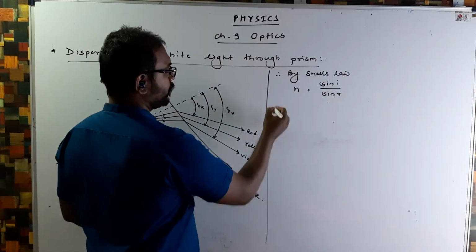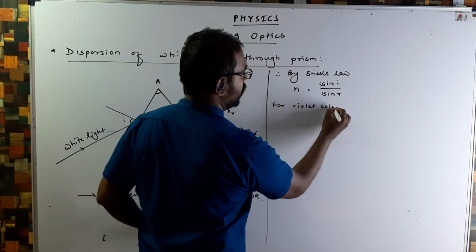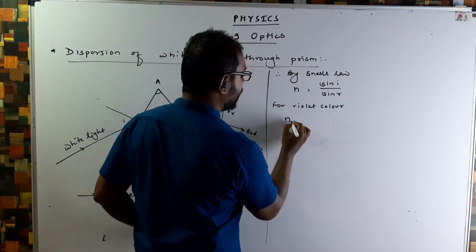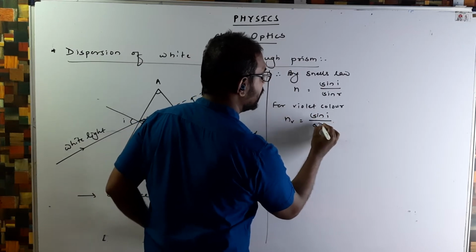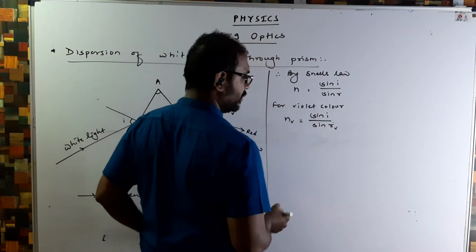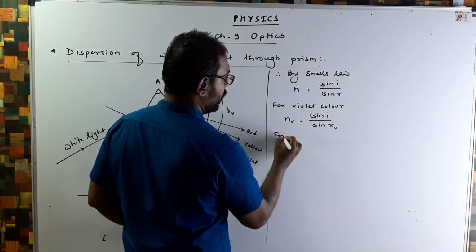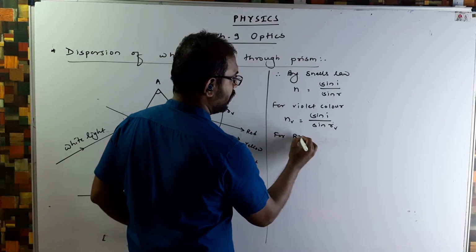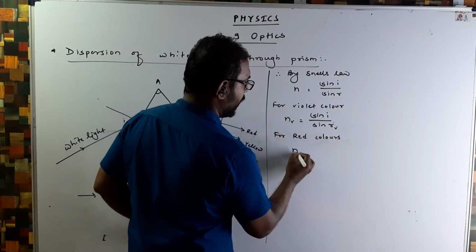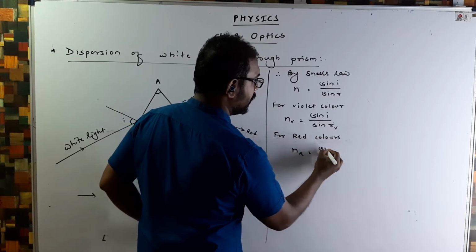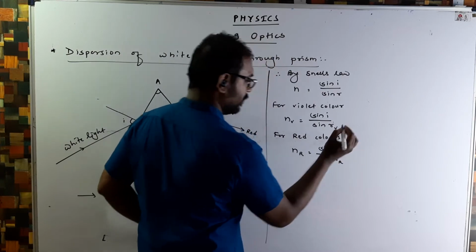Now for violet color, refractive index for violet color is sin I divided by sin of R for the violet. This formula we get. Similarly, for red color, I consider the extreme colors. Refractive index of the red color is sin I divided by sin of R for red color.